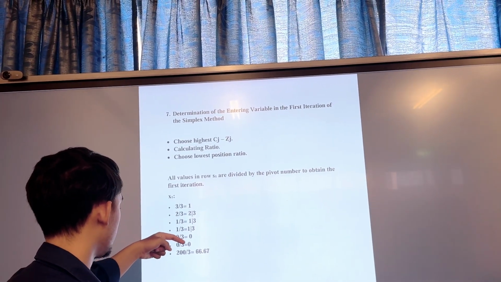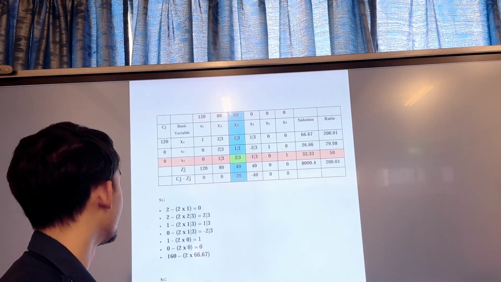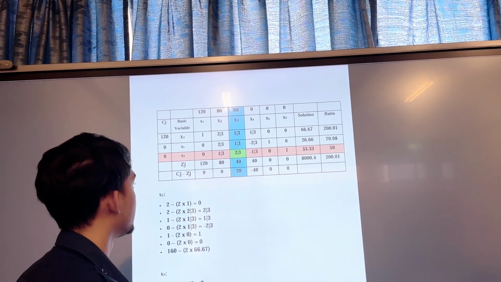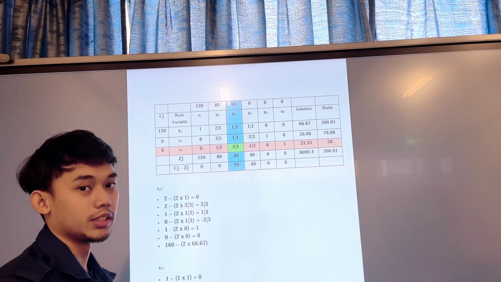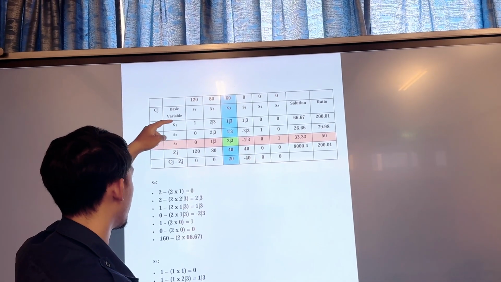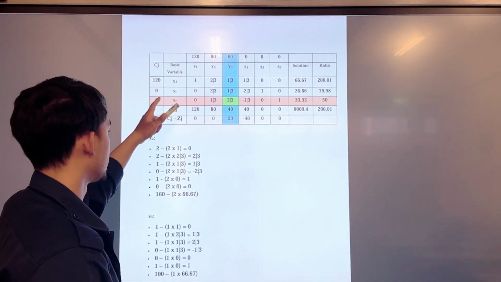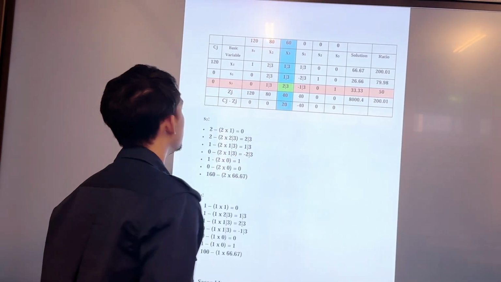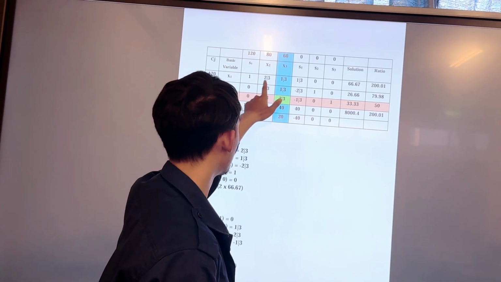This is the new row for the first iteration. In the initial table this is S1, and it is not yet optimal. We change S1 to X1 over here, and the numbers for S1 in the first iteration are filled into this row.